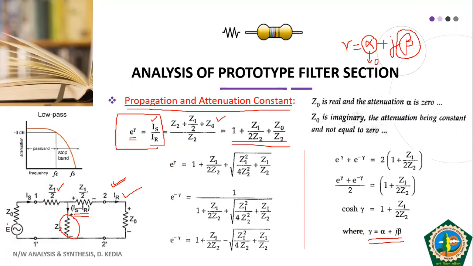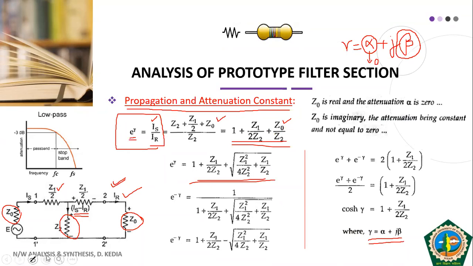And you see here, you have Z naught here and you have Z naught here. So you apply the KVL concept and find out the value of Is by Ir, and you will get this. Now Z naught, we already know it is the characteristic impedance. Okay, so if you substitute this value of Z naught here, you get this.